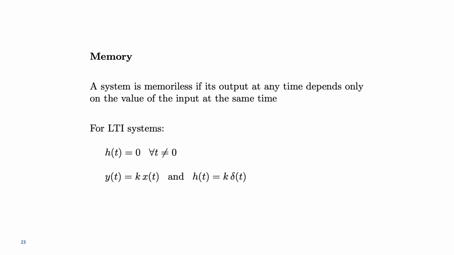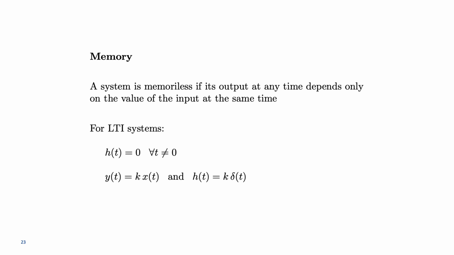What about memory? We can say that a system is memoryless if its output at any time depends only on the value of the input at the same time. So there is no memory of the past or of the future. So for linear time-invariant systems, this is equivalent to having an impulse response that is zero everywhere except at the origin.